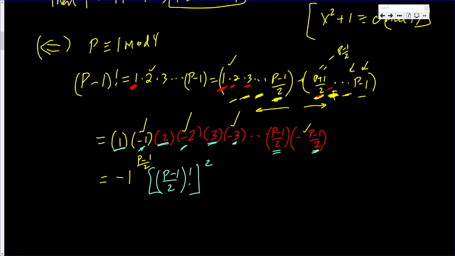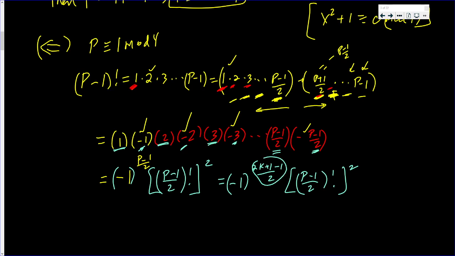Now, okay. So it becomes negative 1 to the, remember, p was 2k plus 1, minus 1 over 2, times p minus 1 over 2 factorial all squared. And in this power, the 1 minus 1's cancel out.